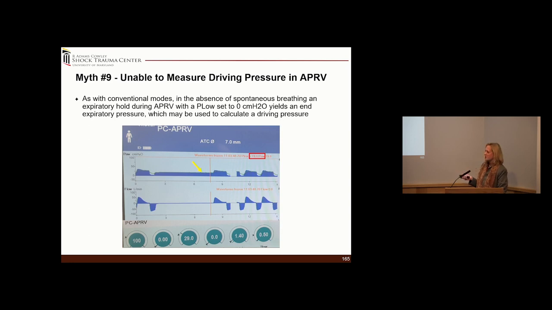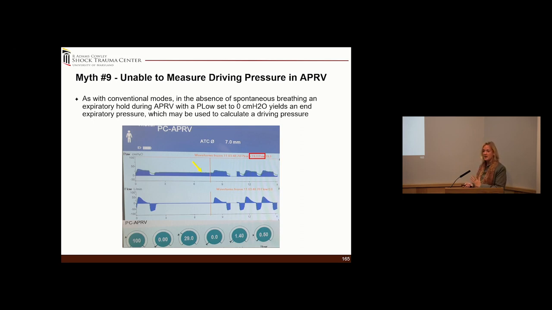We actually studied 200 patients, and we looked at all comers, any mode. So we looked at volume control, pressure control, regular APRV, meaning that they were always on APRV, or rescue APRV. We did a 6-second expiratory hold. All patients were either coming out of the OR, paralyzed.